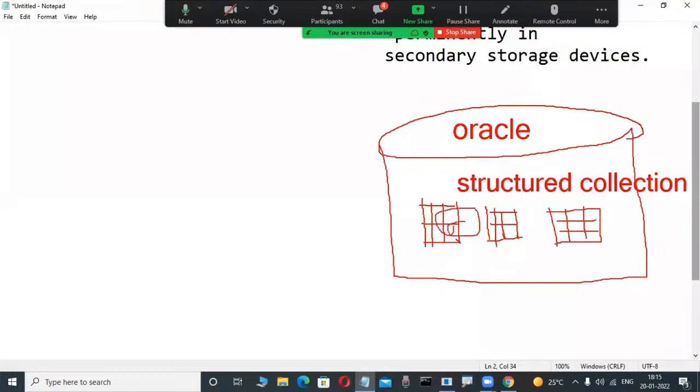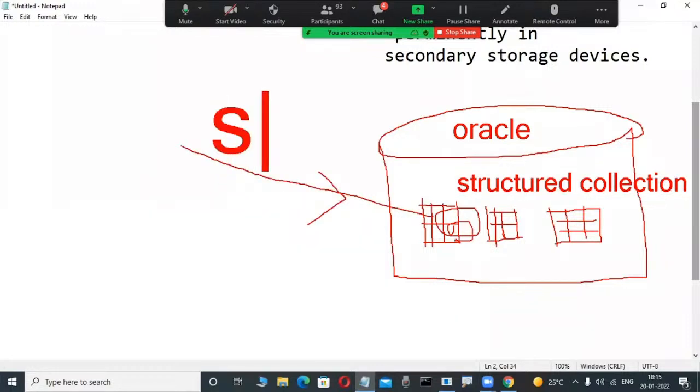Once a structured collection of data is there, to operate on this data, some language is required. What is that language? Maybe anybody has an idea? SQL is a language, Structured Query Language. Through this language only, we operate on data, this structured data in relational databases.